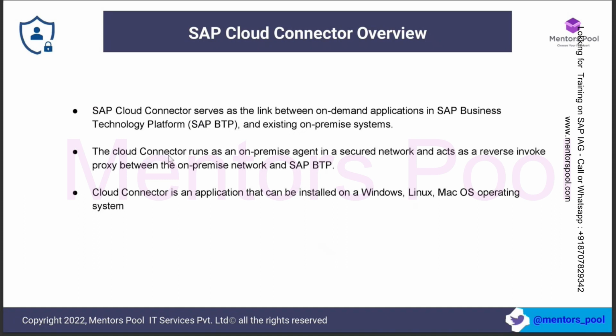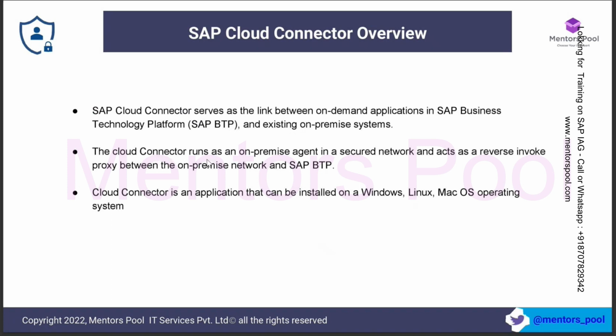It allows you to expose only those resources which are required or which need to be consumed by your cloud application. That's where the beauty is, it doesn't let any cloud application access everything you have in on-premise.